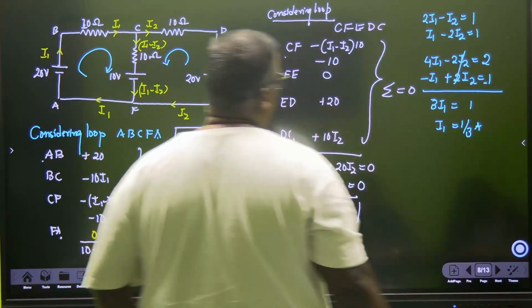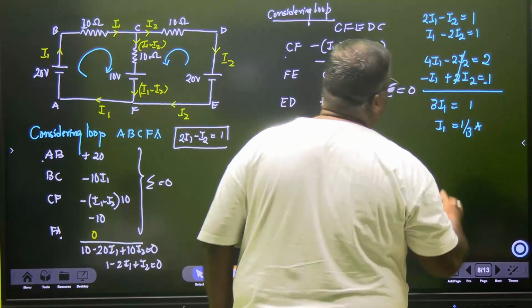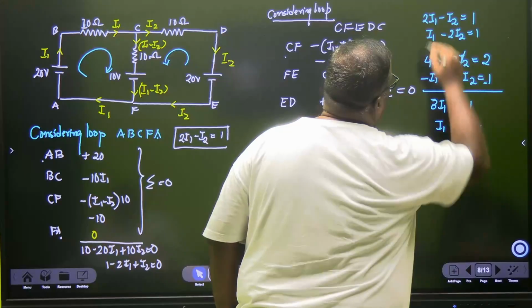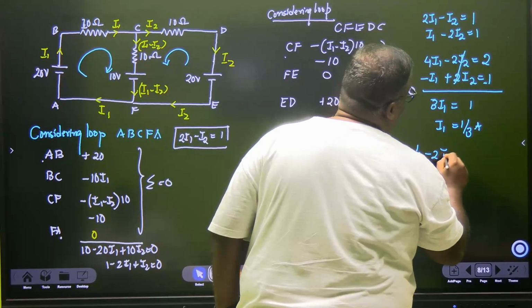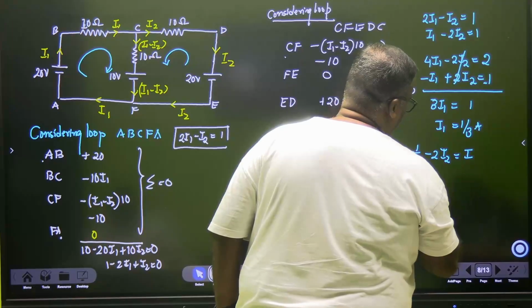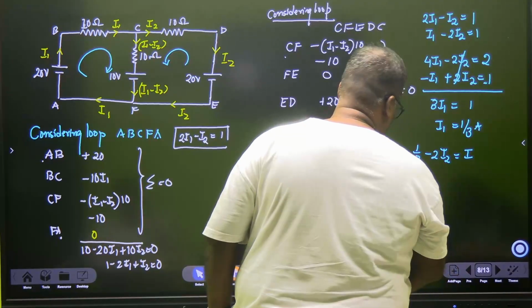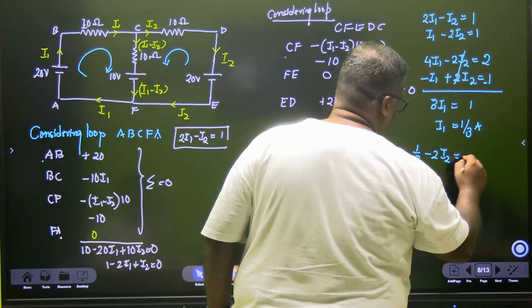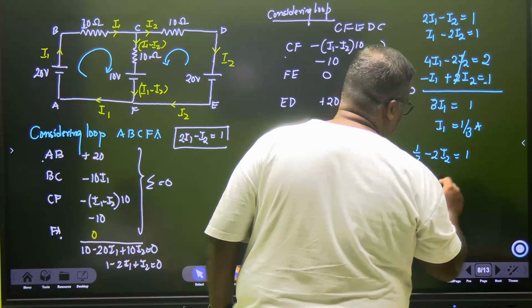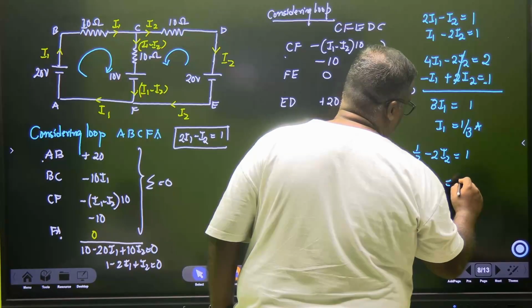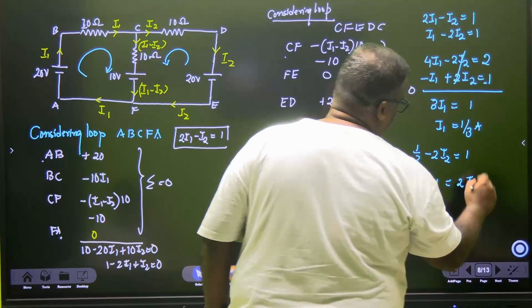So now put in any equation. Let's put in this equation. 1/3 minus 2I2 is equal to 1, or we have 1/3 minus 1 is equal to 2I2.